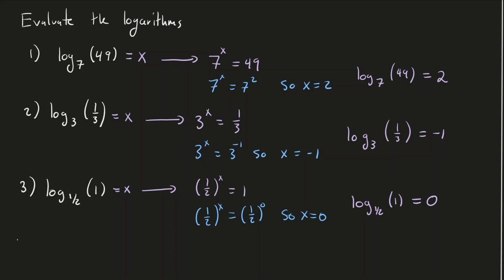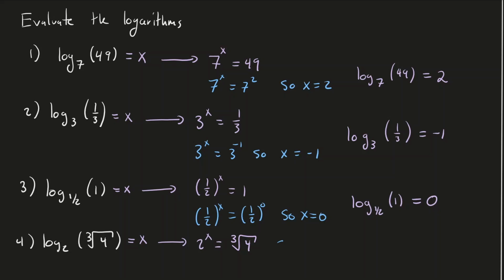And then lastly, 4. Log base 2 of the cube root of 4. Now this one seems more complicated, but if you remember going back to exponential equations, that's equal to x, which then promptly converts to 2 to the x is equal to the cube root of 4. Well, 4 is 2 squared, and the cube root is a fractional exponent.